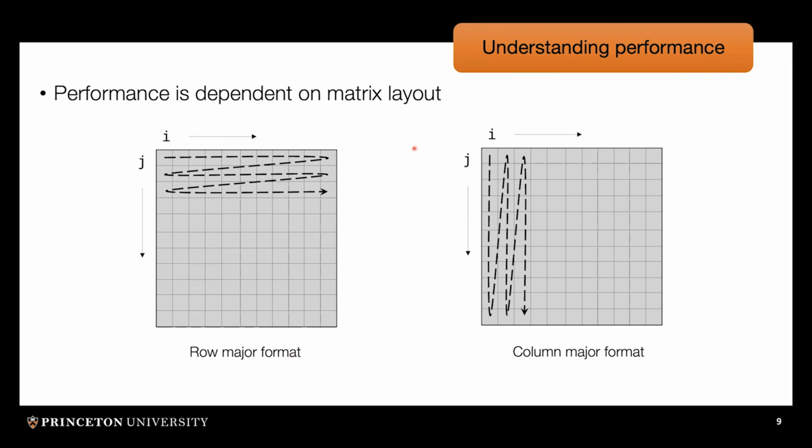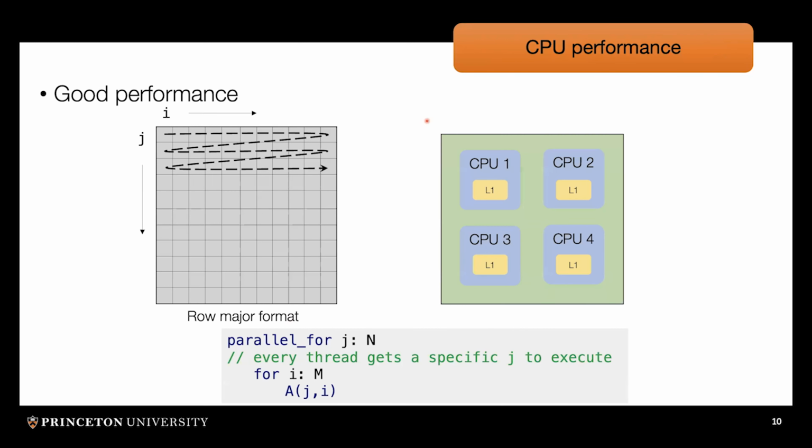So now let's look at running the matrix vector multiplication problem on a CPU with a row major format. Here I have a schematic of a 4-core CPU with every core with its L1 cache. Now, the way threads are assigned to a CPU is that every thread gets assigned to a core, and it works independently of the other threads.